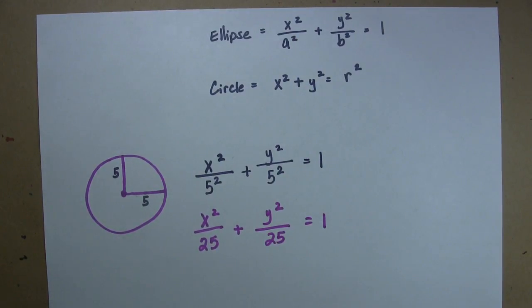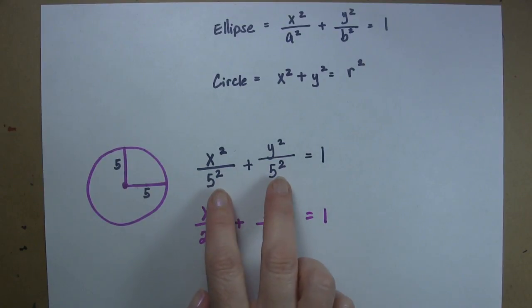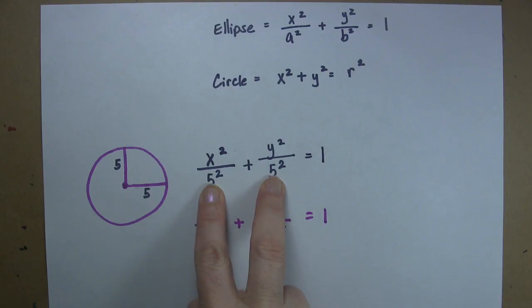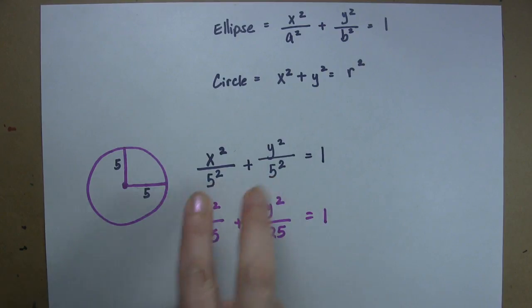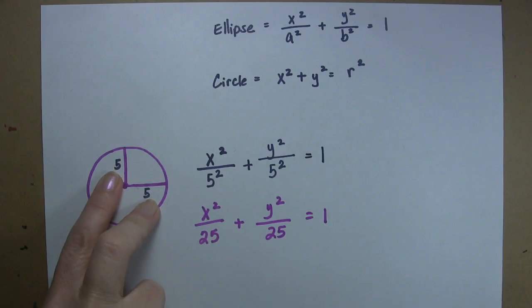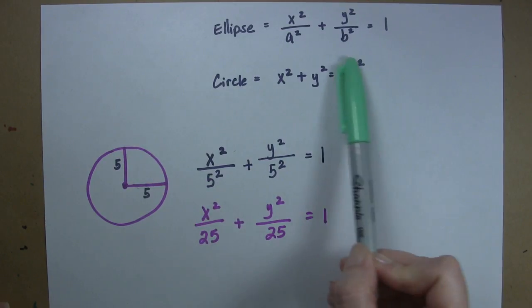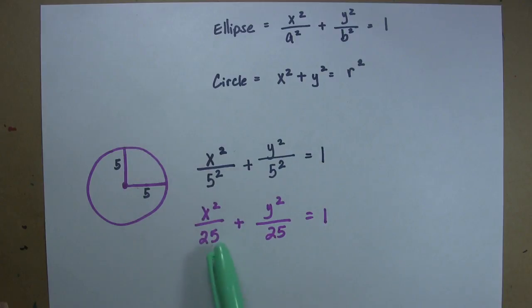Now in a circle, if you stick it in the ellipse formula, your denominators are always going to be the same because your a and b are always equal to each other, because the length of your radii are always the same.